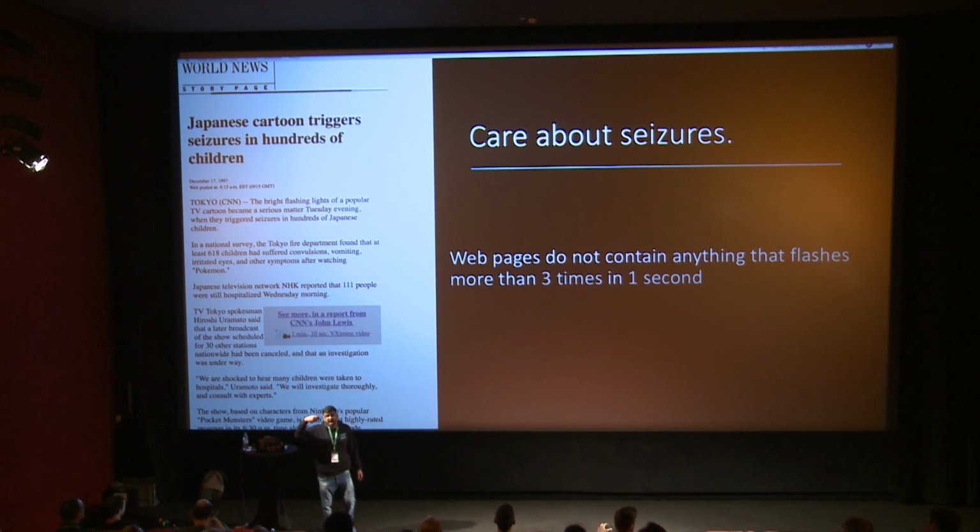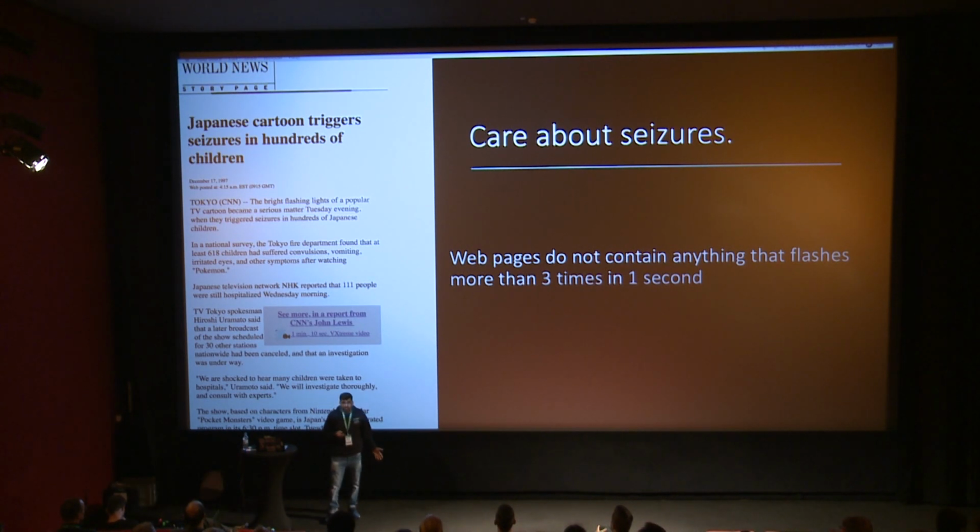Seizures are neural activity in the mind after seeing some kind of animations, more than 3 times in a single second. So, an incident happened in Japan in 1987, I suppose, where a cartoon, Pokemon, put 627 people, children, inside the hospital on the same day. What happened was that all of them were dealing with seizures.